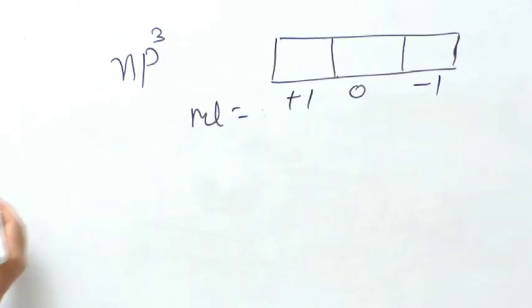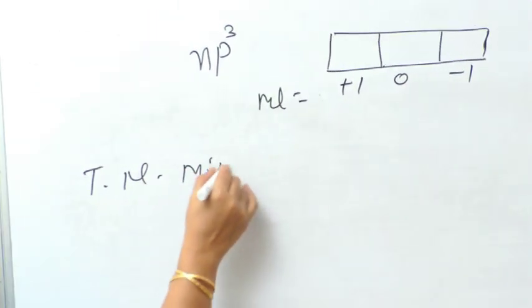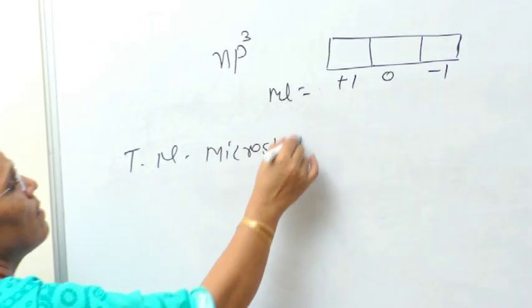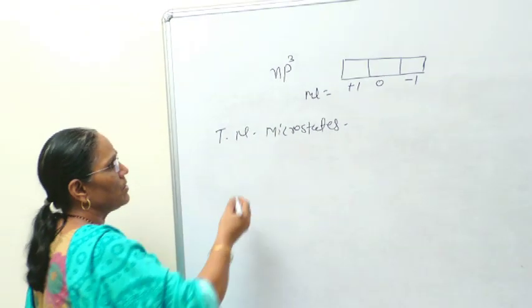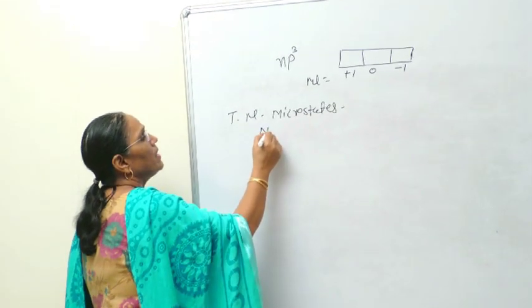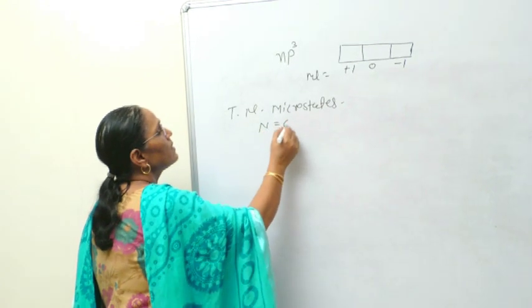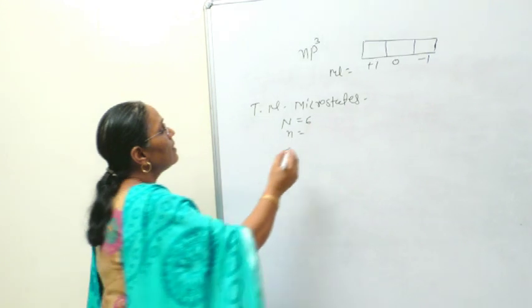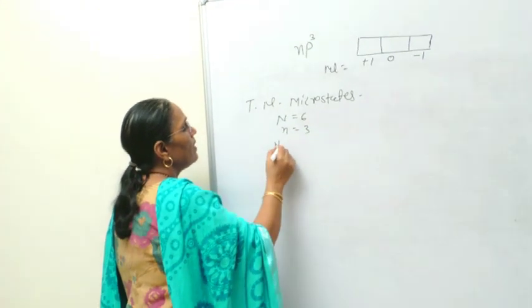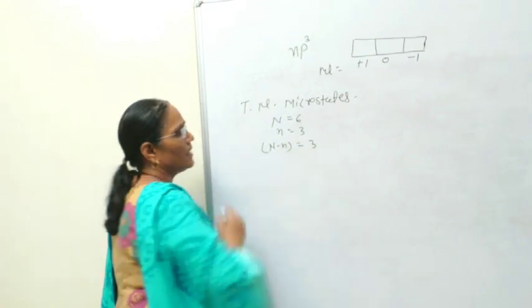First we will determine the total number of microstates for this np3 configuration. So again, using the n factorial equation, the capital N, that is the total capacity of the p orbital, is 6, small n, that is the actual number of electrons present, is 3, and therefore N minus n is equal to 6 minus 3, that is 3.